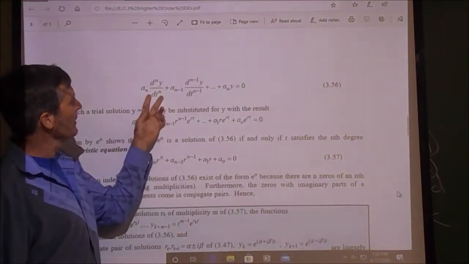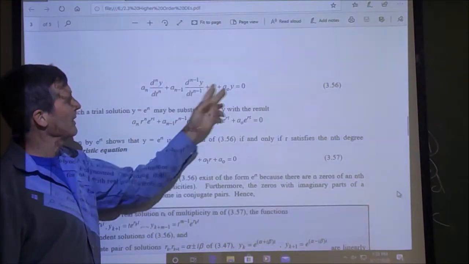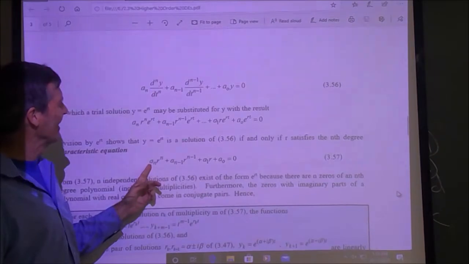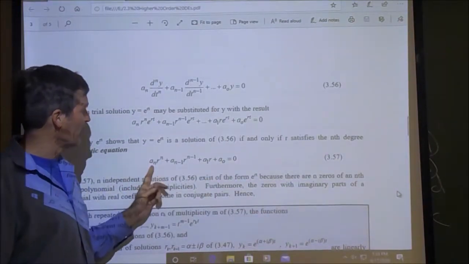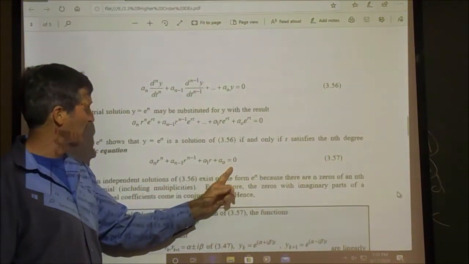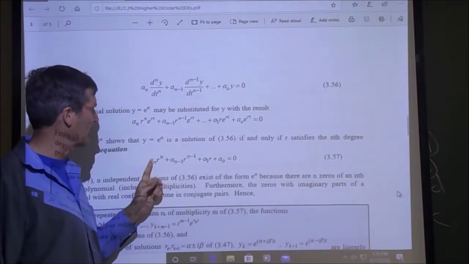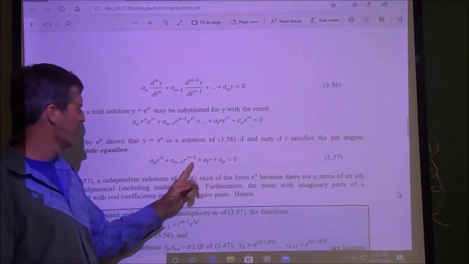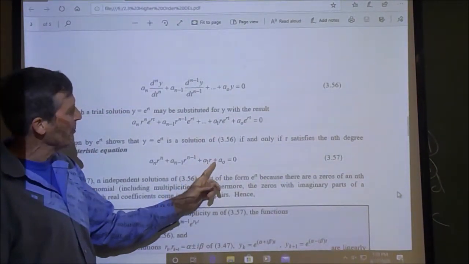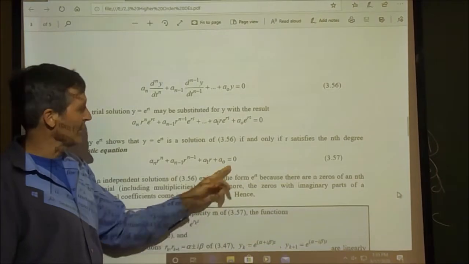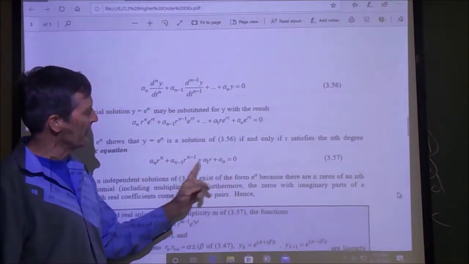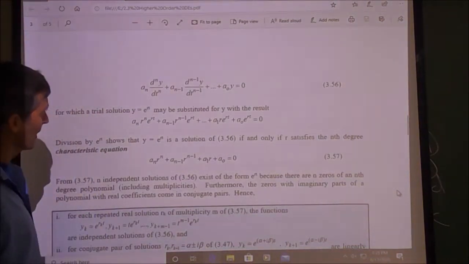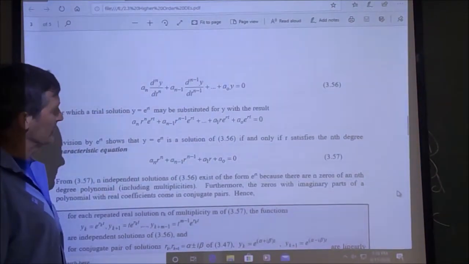So every nth order homogeneous linear equation with constant coefficients, quite a mouthful, isn't it, has a characteristic equation that is just an nth degree polynomial, right? Remember these polynomials from algebra? A number times a whole power of r plus a number times a whole power of r plus dot dot dot. I forgot my dot dot dot in here. Plus a number is called a polynomial, and now I have an nth order polynomial equation for the characteristic equation instead of a second order polynomial equation.